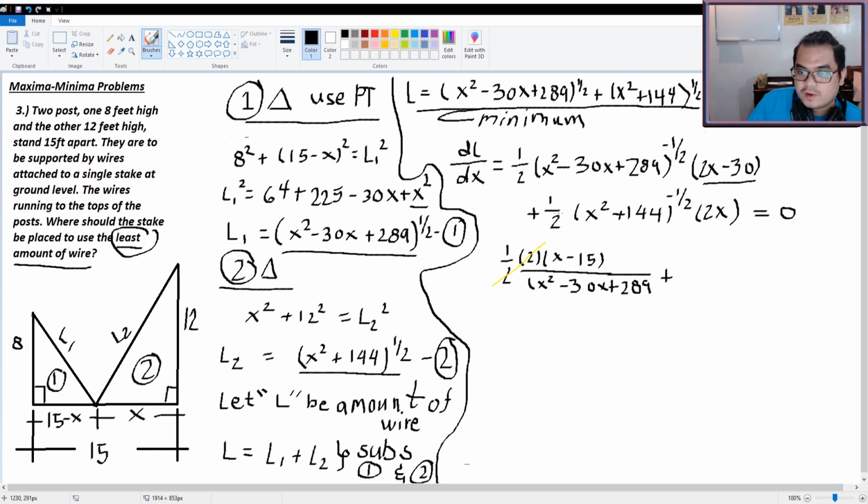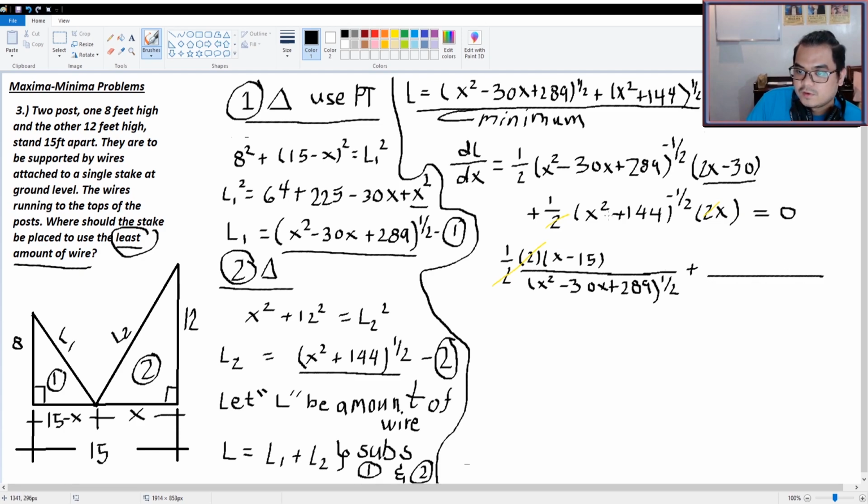Plus this one again, we can cancel out the 2 here already, since we have 2 on the numerator and 2 on the denominator. So that will be x. This is a negative exponent, so I forgot to put the 1 half here, and now the 1 half will be positive.